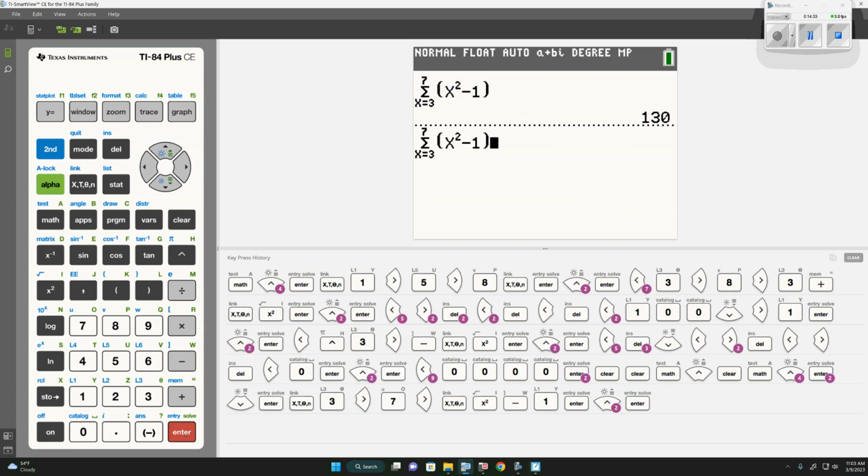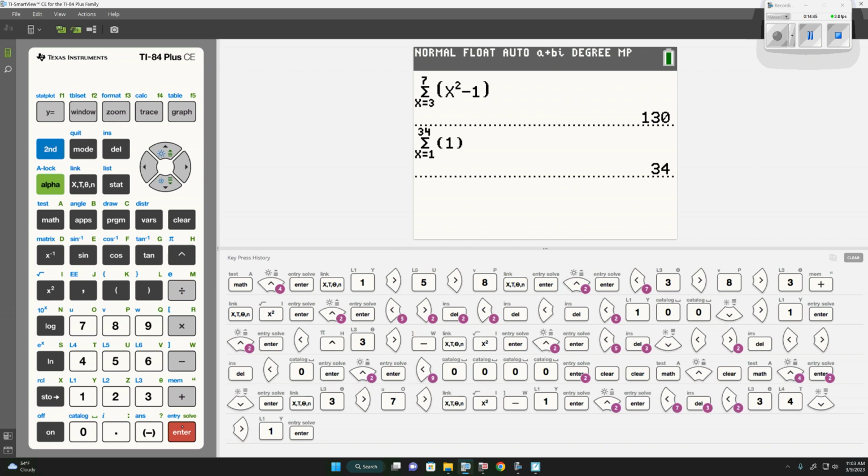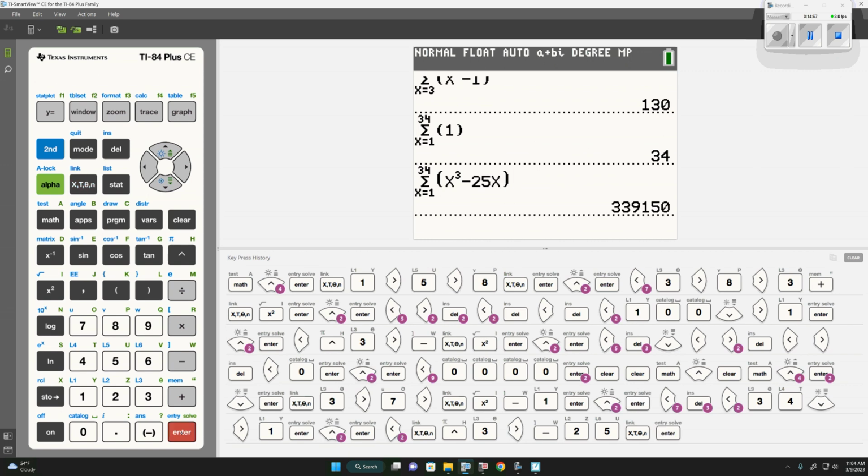And we could go here and delete the 1, and from 1 to 34 is 34. And instead of 1, we could say x to the third minus 25x and get this here.